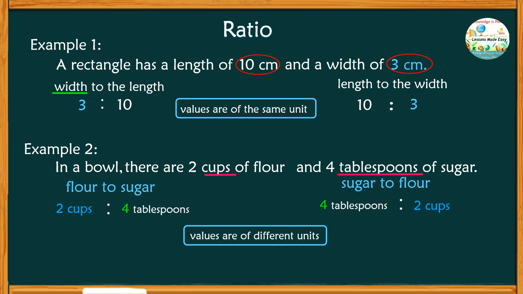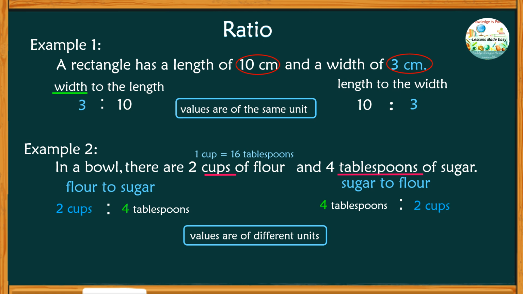However, sometimes you can convert one of these units to make them the same. That way, you can write only the number. In this example, cups can be converted to tablespoons. Since a cup consists of 16 tablespoons, it means in 2 cups there are 32 tablespoons.